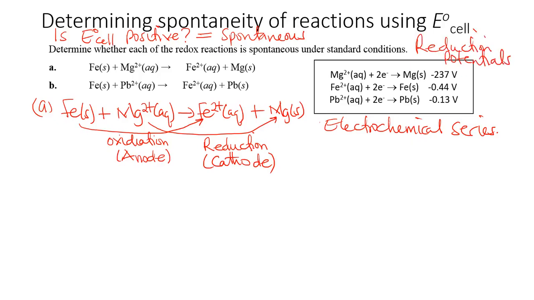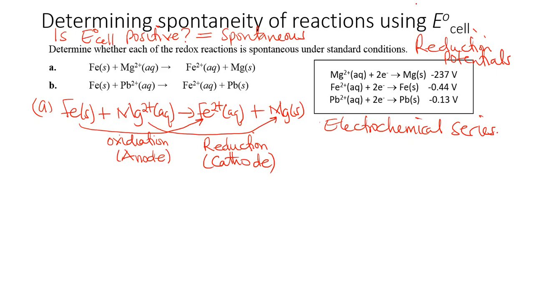So what it means is you are shown reduction half reactions. You can see that here we are reducing magnesium 2+ to magnesium. We are reducing iron 2+ to iron solid. We are reducing lead 2+ to lead solid. So all these are reduction potentials.